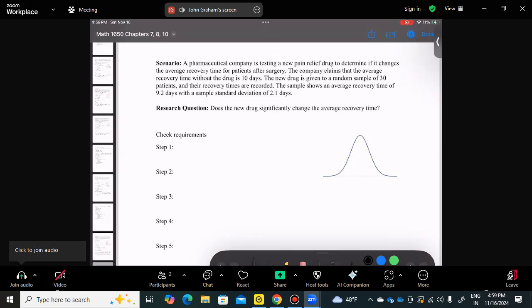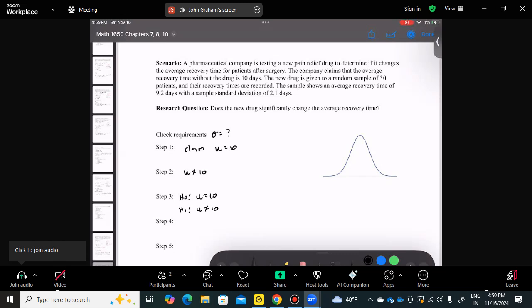Alright, so here, again, we don't know the population standard deviation. The claim is that the mean is equal to 10 days. So the opposite of the claim is that the mean is not equal to 10 days. So our null hypothesis is mean equals 10, and the alternate is that the mean does not equal 10.